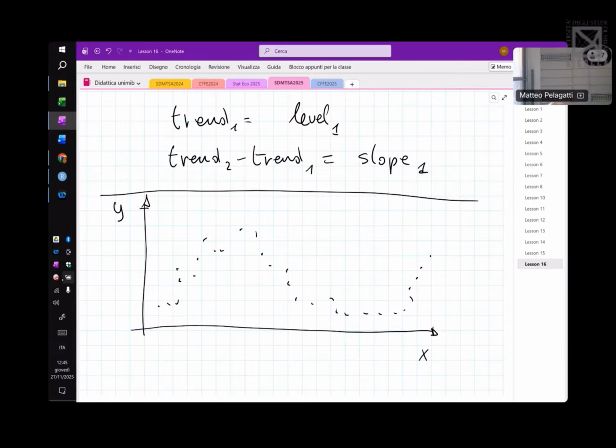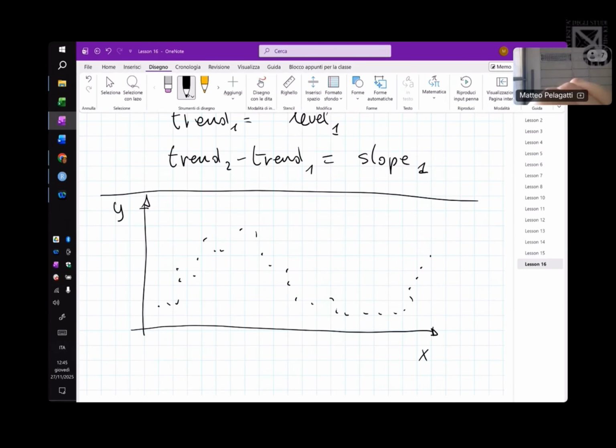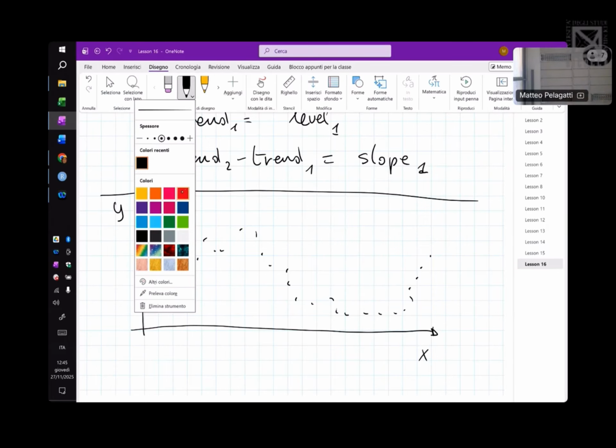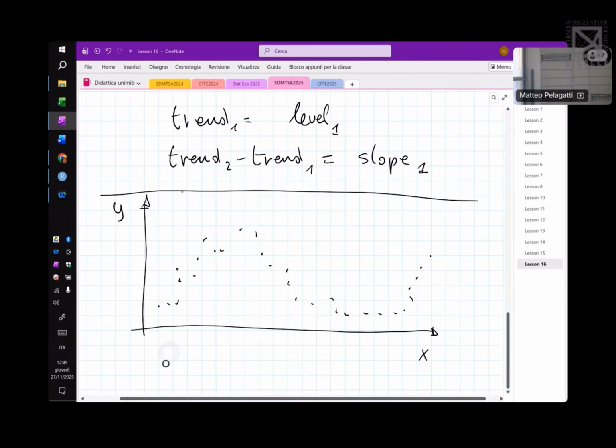So ideally, just by looking at the data, the regression will be something like this. So this is my objective, to come up with something like this red line by just using a linear regression.